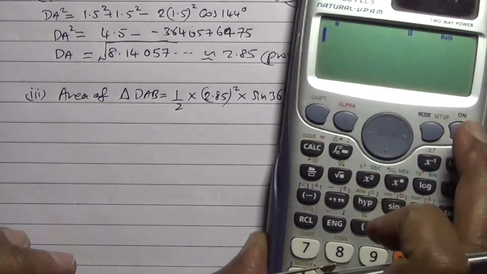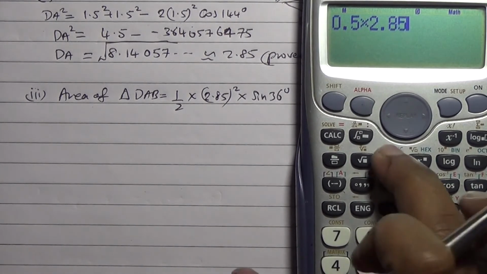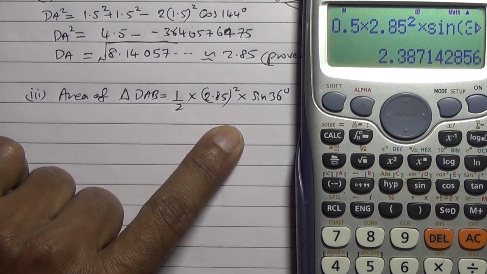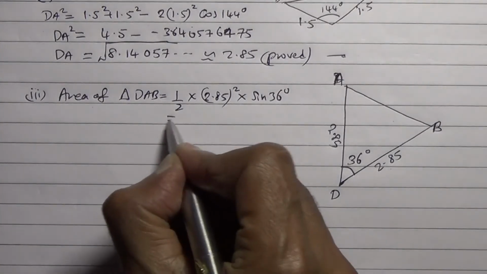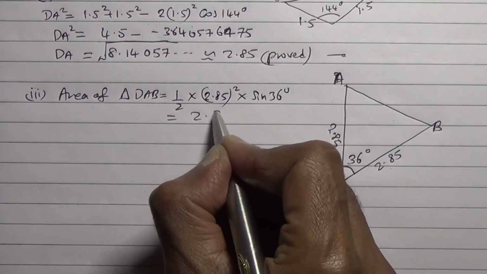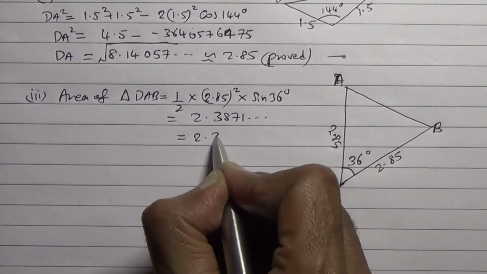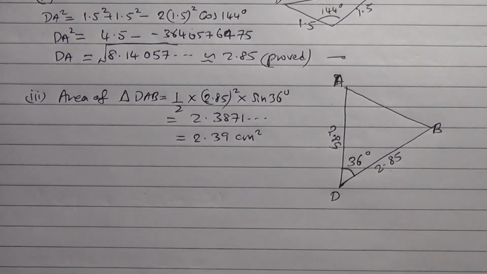So let's do that. 0.5 times 2.85 squared times the sine of 36, and this is coming up to 2.3871 something. So we can say 2.39 centimeters squared.